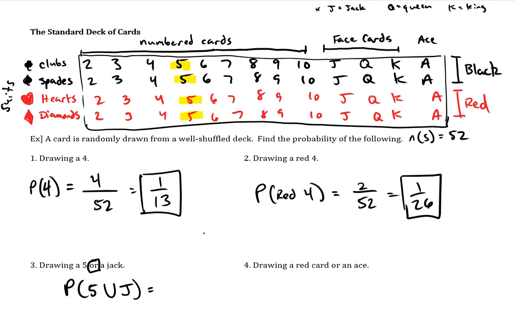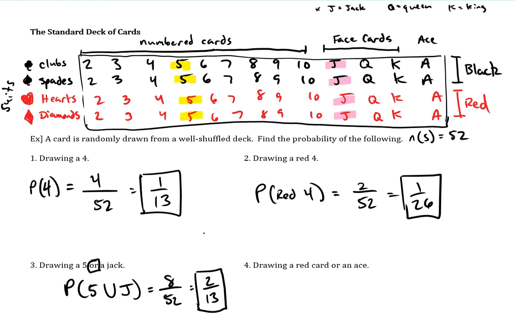And then there are 4 jacks. Let me use a different color. There they are. Remember, the union symbol means to just count anything that's marked. So I've marked 8 different things out of a total 52. And then from there, it would reduce to 2/13.